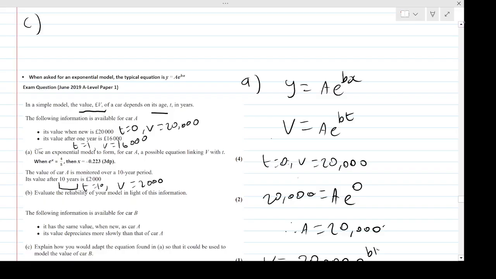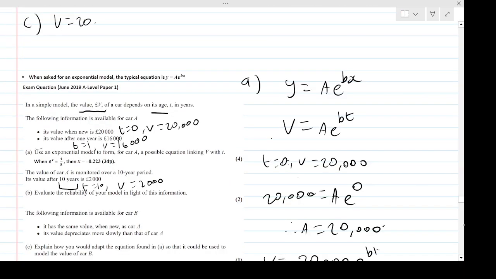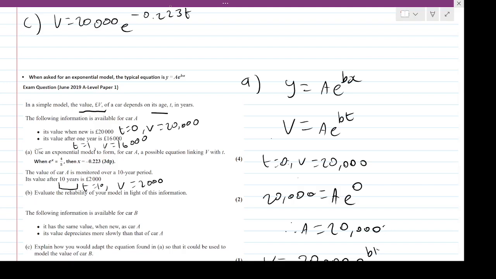So remember, the equation for V was 20,000 e to the negative 0.223t. That's the equation we worked out in part A. We're told that it has the same value when new.